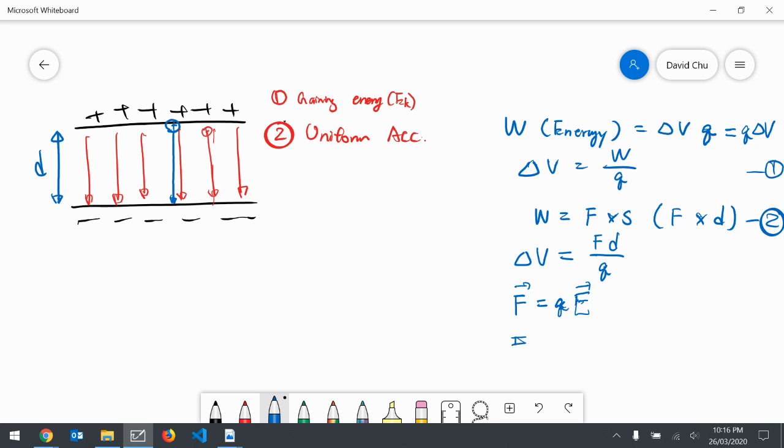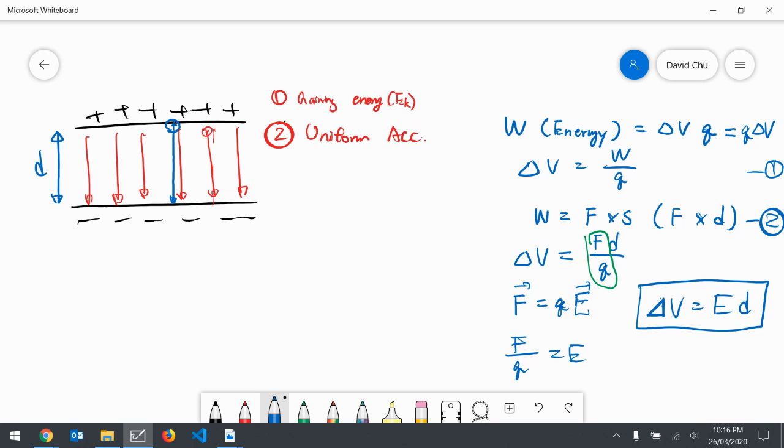If F divided by Q equals my electrical field E, then what I'm going to end up with is delta V equals electrical field E, which is like a rate of energy gain, times distance D. So this is another expression for electrical field: E equals delta V divided by D.